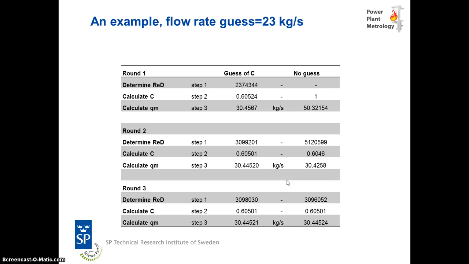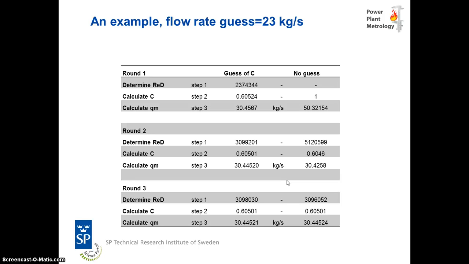So in summary, we've done some research on how to find an extrapolation model so that you can calibrate the orifice plate at ambient conditions and extrapolate up to higher temperature. We propose a very simple model that only depends on the Reynolds numbers, and for our orifice plate it seems to work quite fine.